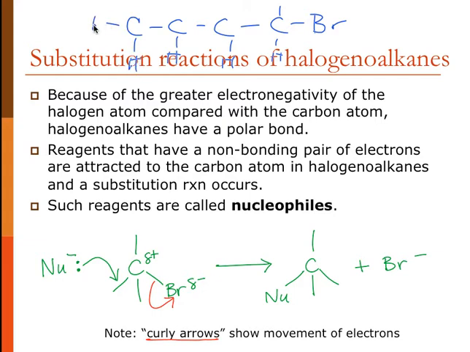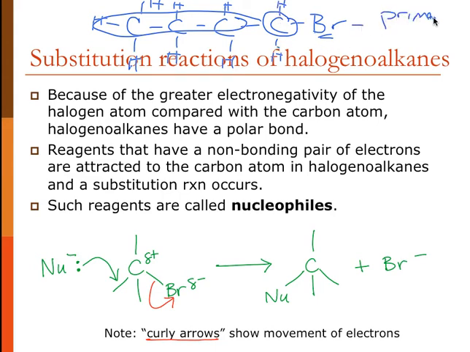Hopefully you recognize, if I had to ask you whether this was a primary, secondary, or tertiary, you can look at this carbon, see that it has one alkyl group, two hydrogens. This would be a primary halogenoalkane.